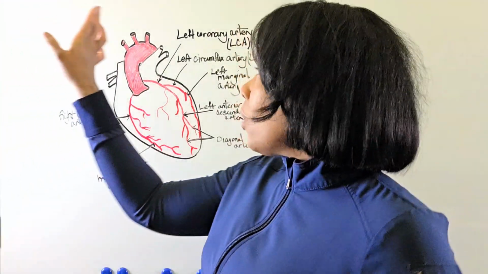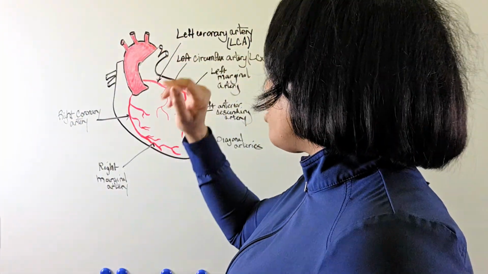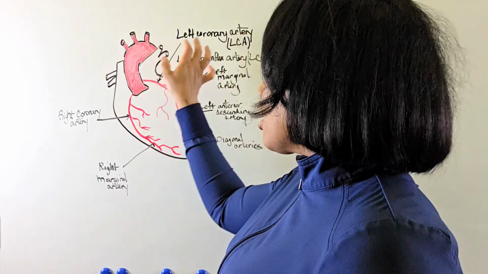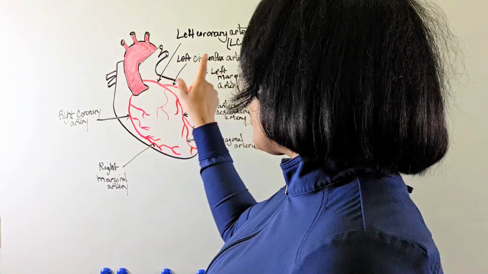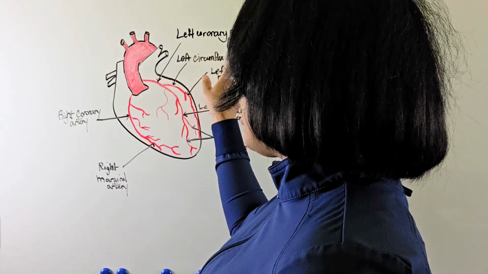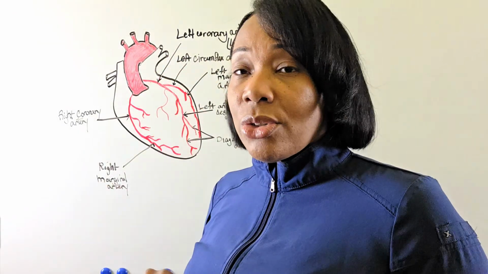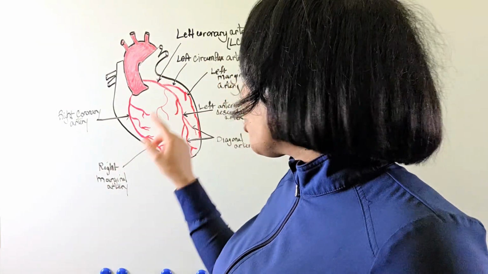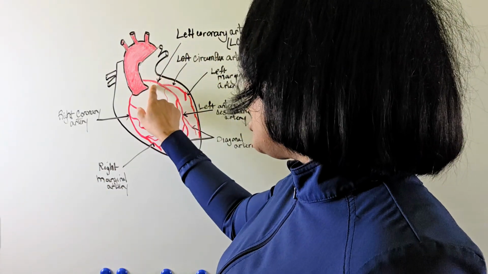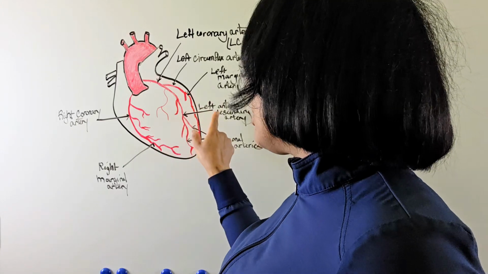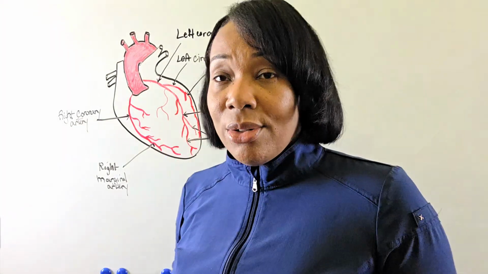So let's go back to our LCA for a second. So remember I talked about how your LCA actually branches off into two, which we already said it branches off into the LCX, but it also branches off into your LAD, and that's your left anterior descending artery. So as you can see, this is your LCA, and this is your left anterior descending artery, okay?